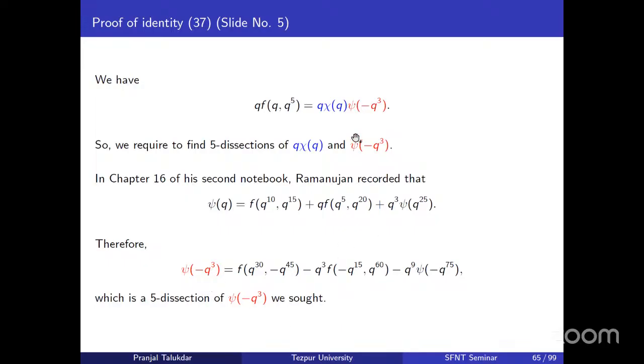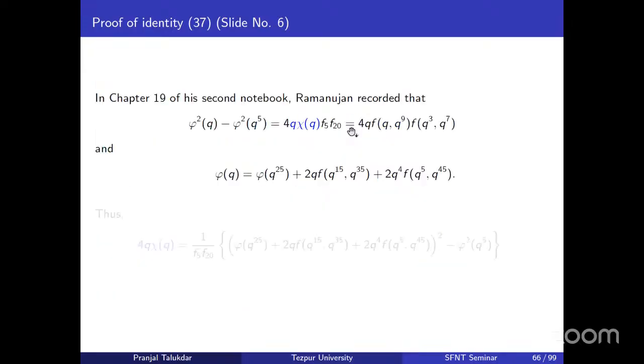We only need to find the 5 dissection of q into chi q, but in the literature we don't have any 5 dissection of q into chi q.